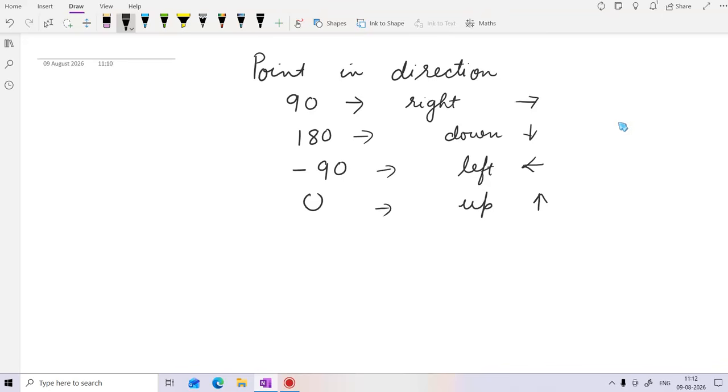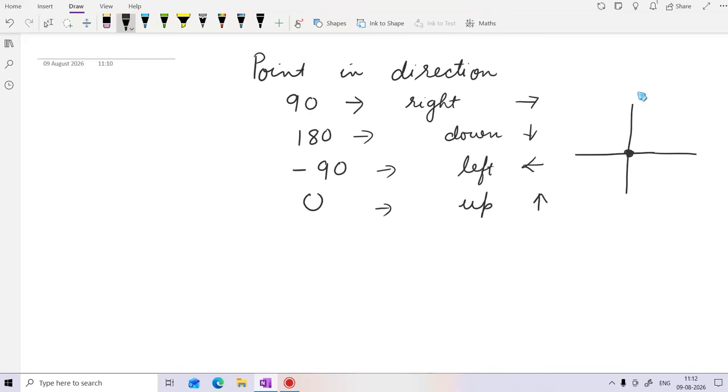Every time when you are going to solve the question, you have to draw the map. Map is very important. Whenever you want to attempt the question, make sure this is the center, and this map will help you.